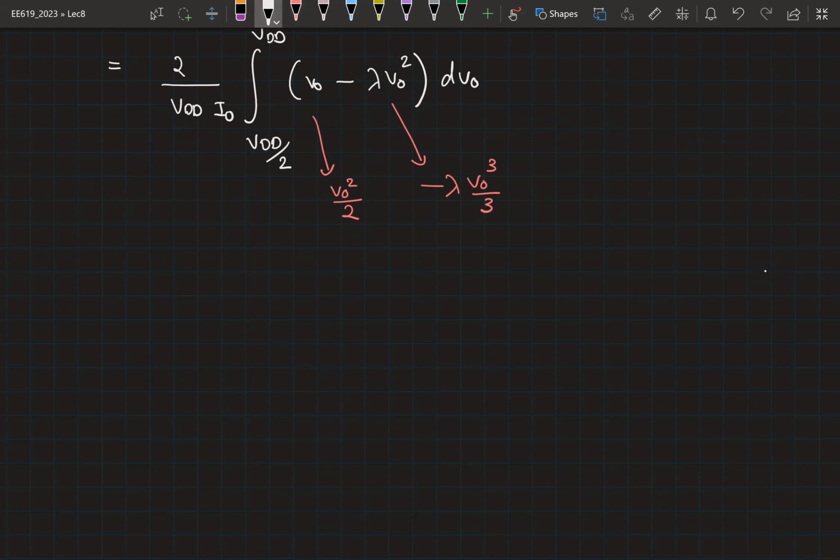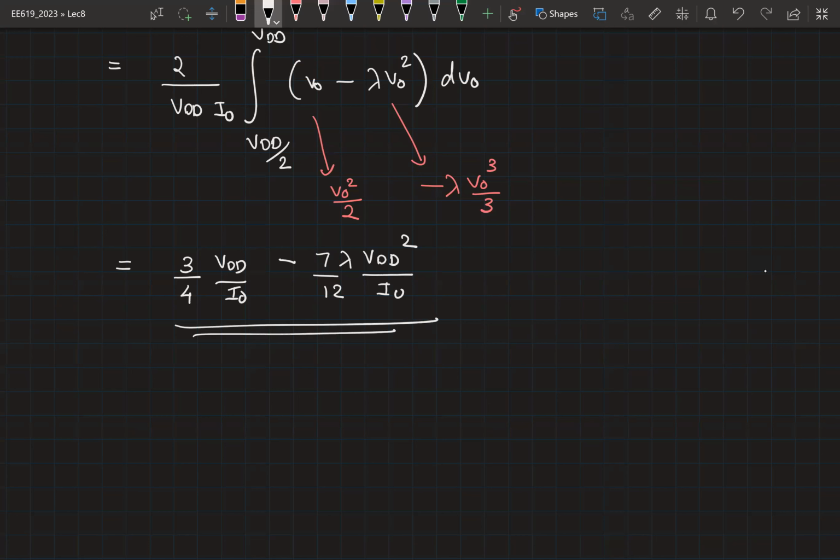What is the final answer? So this is 3 by 4 VDD by I naught minus 7 by 12 lambda VDD square by I naught. Did everyone get the same result?